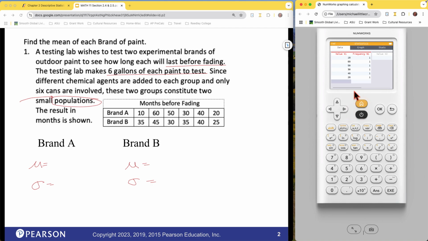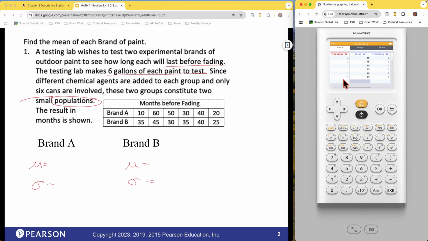And at the same time, we're going to put in our data for value 2, frequency 2. This will be brand B. We're going to put this data in: 35, 45, 30, 35, 40, and 25.